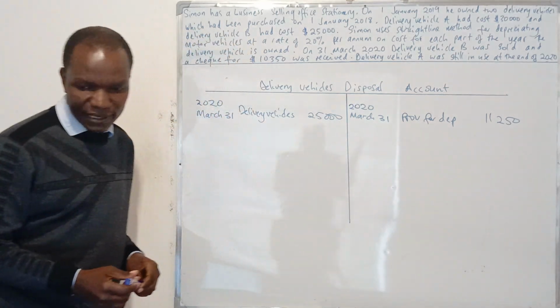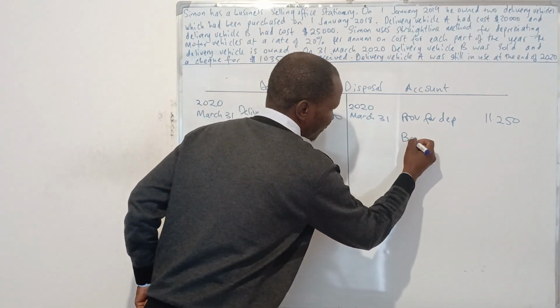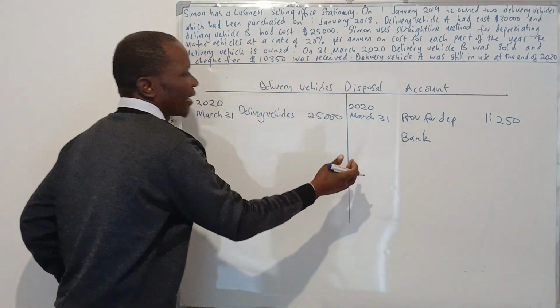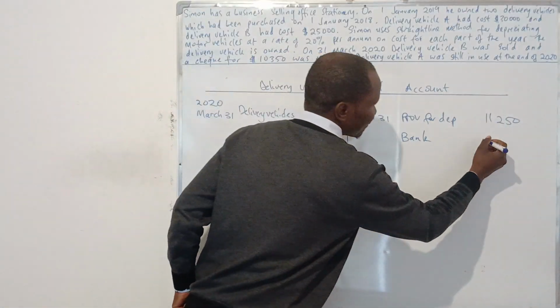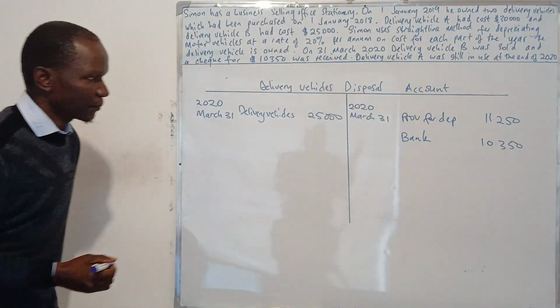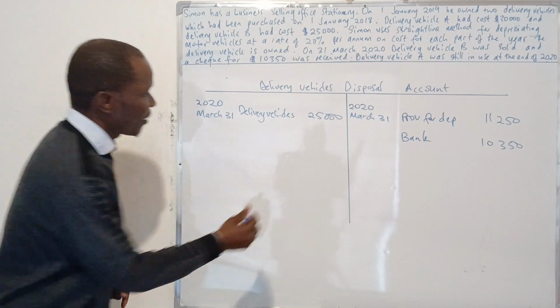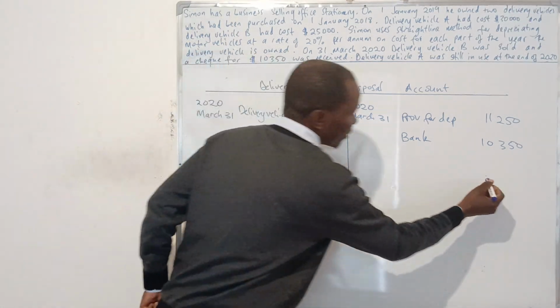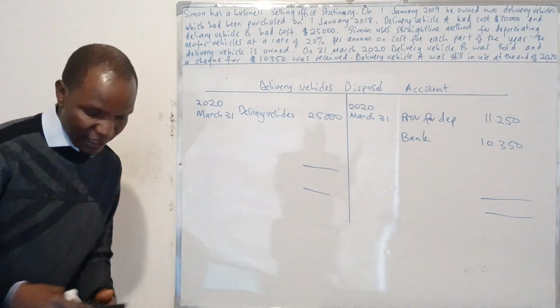At the same time, we know that we receive some amount back for the sale. This is the amount coming from the sale of the non-current asset, which was 10,350. So what we're going to do is add this and that and see which one is the bigger figure.